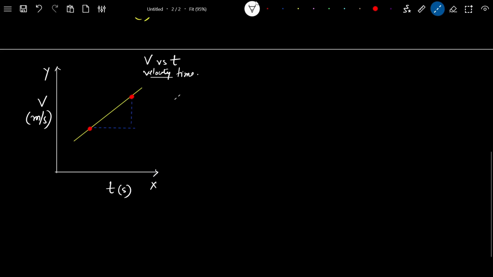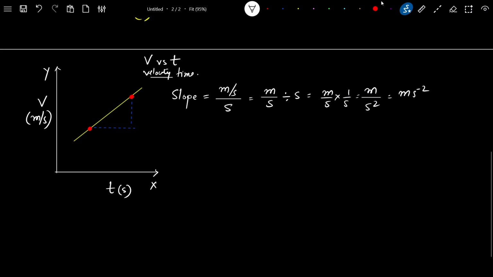So we would say the slope of the VT graph tells me rise over run. So ultimately if we plug in the units, it's meter per second over a second. That makes it meter per second divided by second. So you can write meters per second times 1 over second, it becomes meters per second square, or you can write it as meters second minus 2.